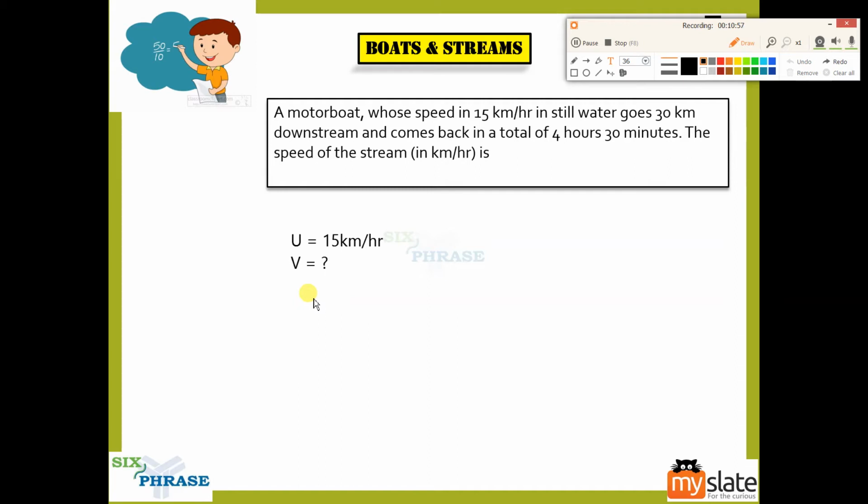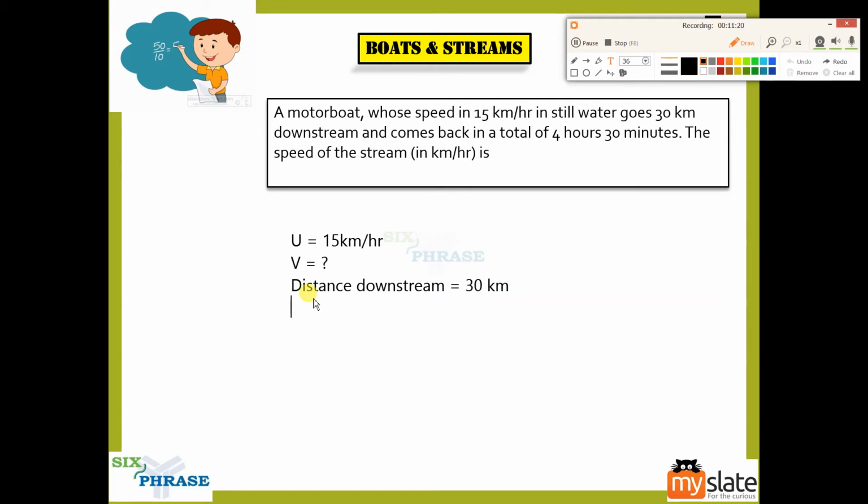Now, this goes 30 kilometers downstream and comes back in a total of 4 hours 30 minutes. So what it means is the distance downstream is equal to 30 kilometers. What else is given?